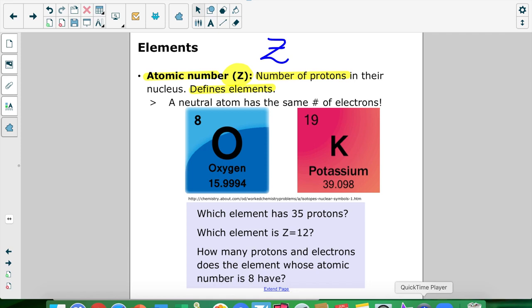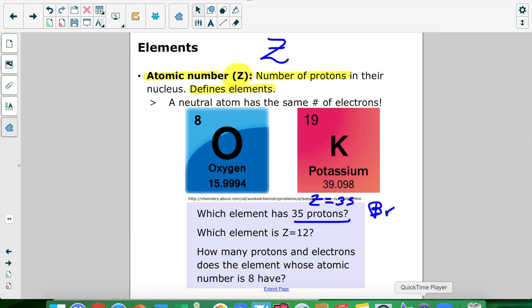All right, so now you should take your periodic table. I am posting the periodic table in Google Classroom. You should always have a periodic table when you're working in chemistry. Let's figure this out. The first question says, which element has 35 protons? If you go to the periodic table and check the atomic number of 35, you will find that the element that has 35 protons, so a Z of 35, is bromine, Br.